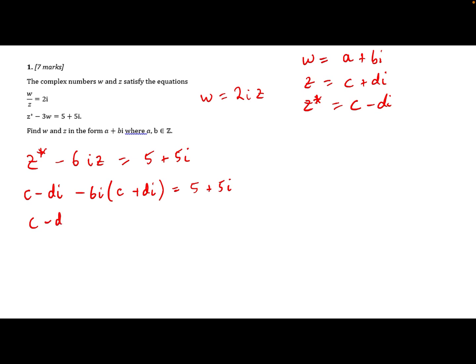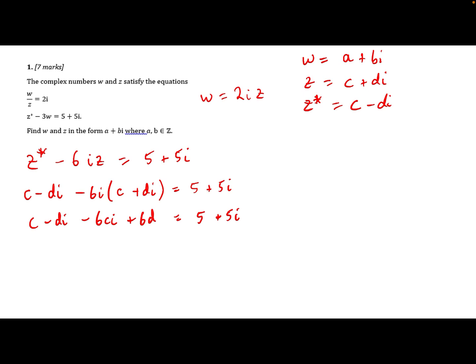Now let's expand the brackets: c minus di minus 6ci, and then, since i times i is negative 1, we get positive 6d, equals 5 plus 5i.